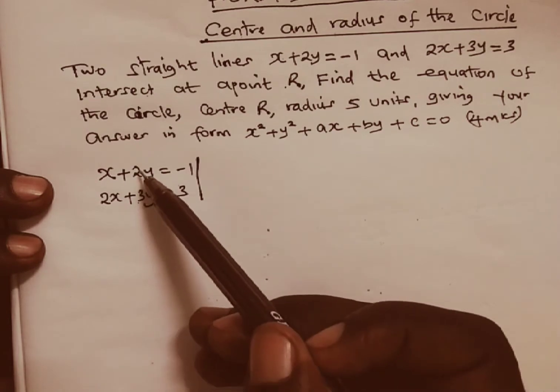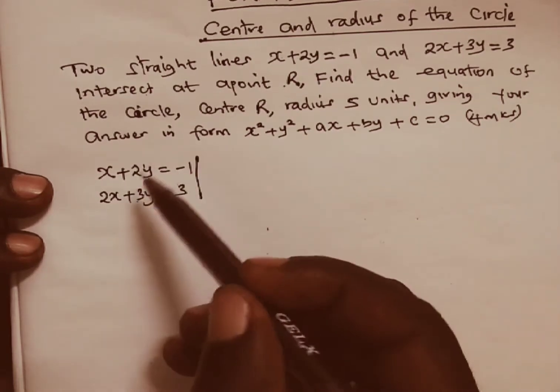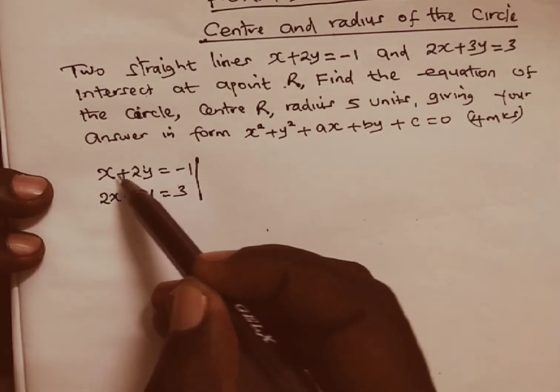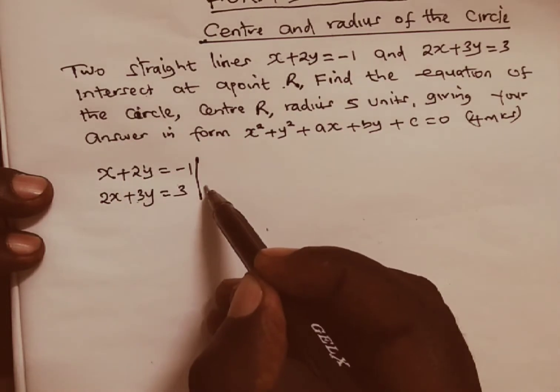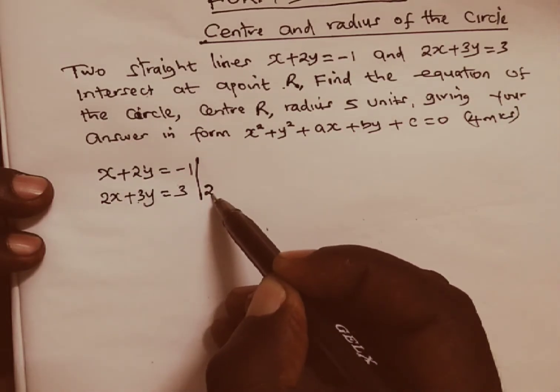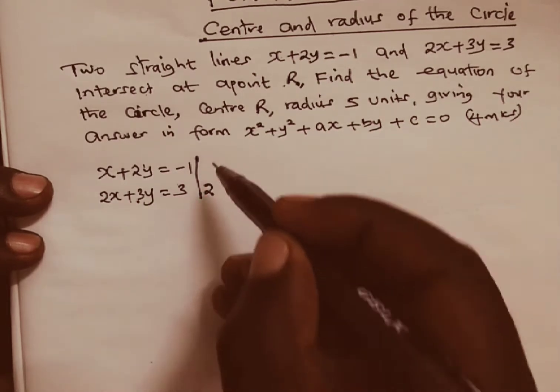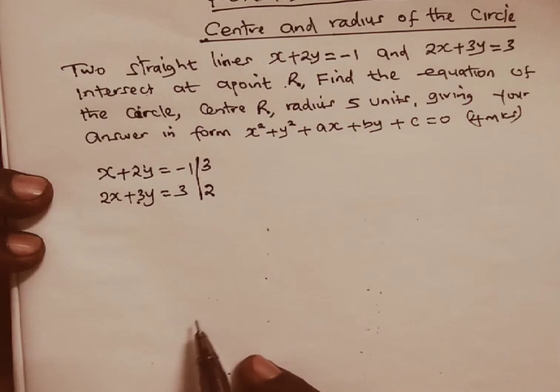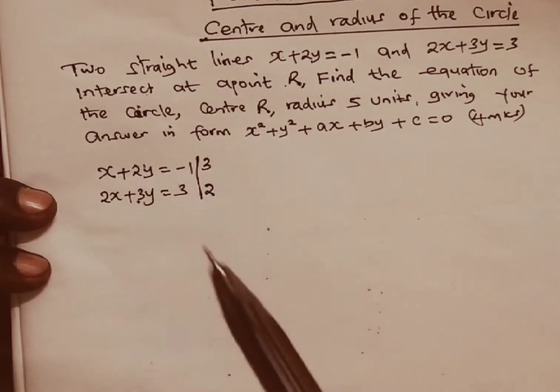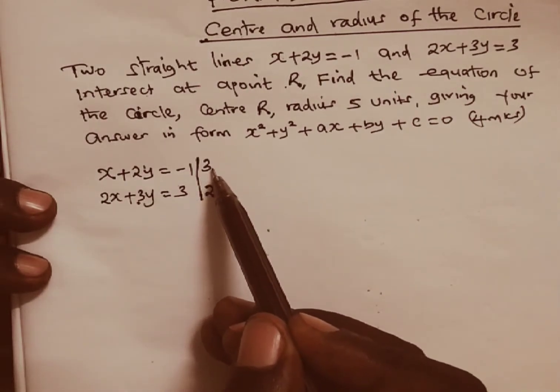If you want to eliminate the part that has y, we take the coefficient of y in the first equation and multiply it with equation 2, and also take the coefficient of y in the second equation and multiply it with the entire equation 1. From there, we can multiply.